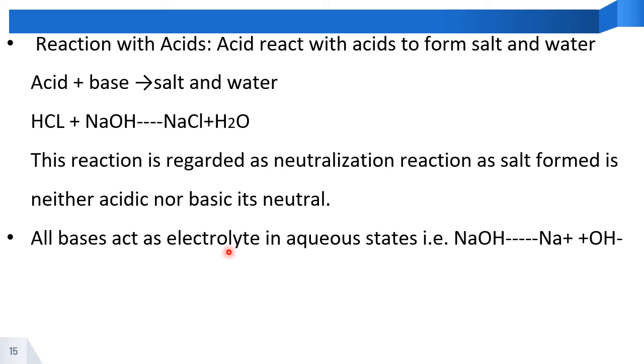In the same way, the base sodium hydroxide in water dissociates into sodium plus ion and OH minus ion. Because they dissociate into ions, they conduct electricity in aqueous solution due to the availability of free ions. These free ions carry the current. That's why they are called the best conductors.